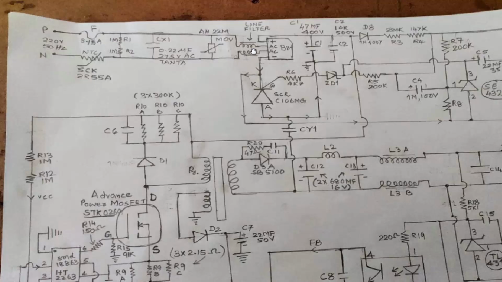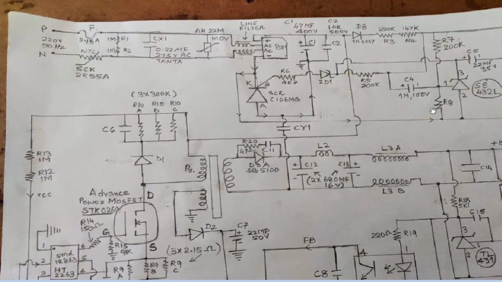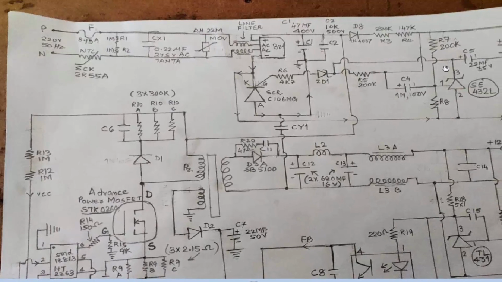Then if we have DC voltage at the output pins of the bridge rectifier, positive and negative, and we cannot find the voltage at the capacitor, at that time our SCR is not working, or our regulator circuit, our sense circuit, is not working and is not triggering the gate.